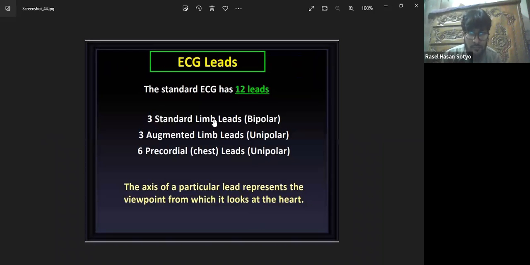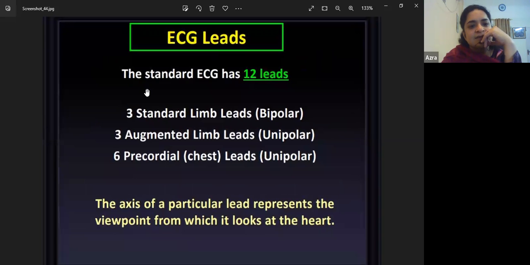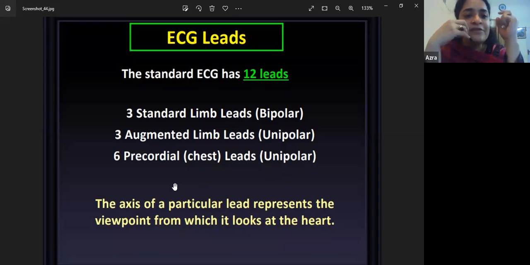Now, next is the ECG leads. A standard ECG has 12 leads. 3 standard limb leads, which are bipolar. 3 augmented limb leads, which are unipolar. And 6 precordial, or chest leads, which are unipolar. These are the leads which are connected or fixed to the chest.